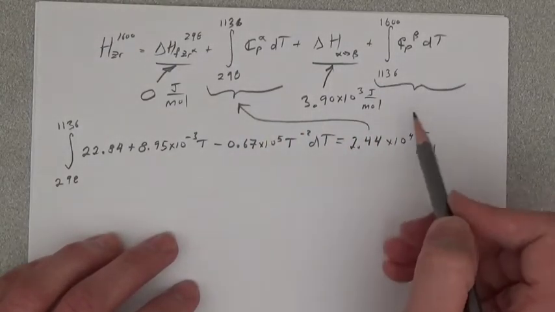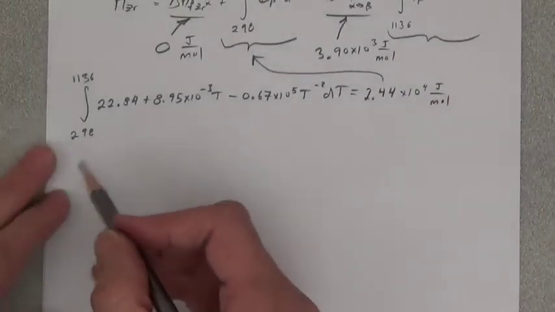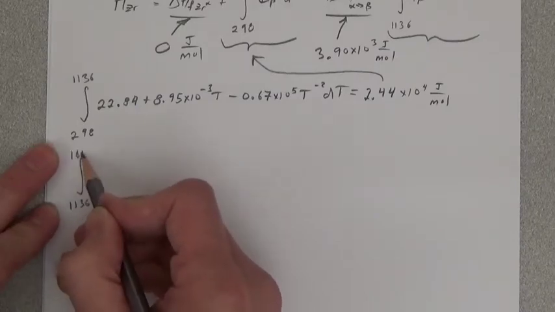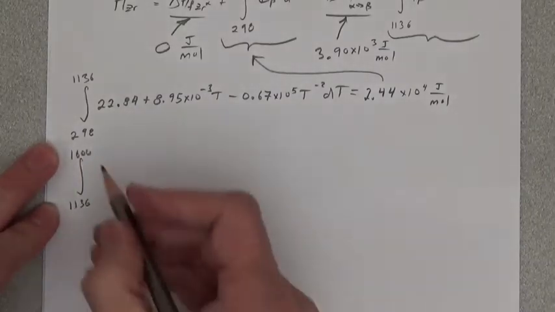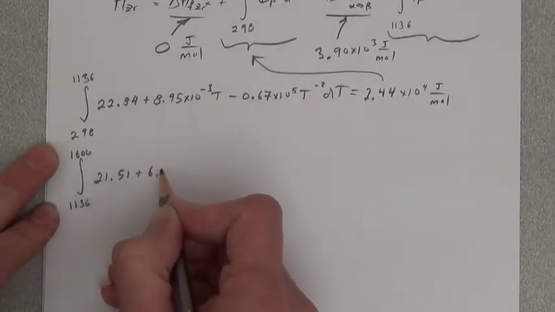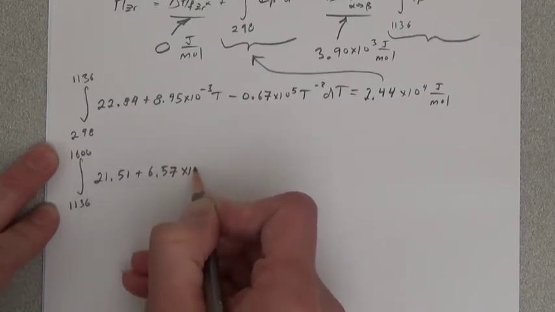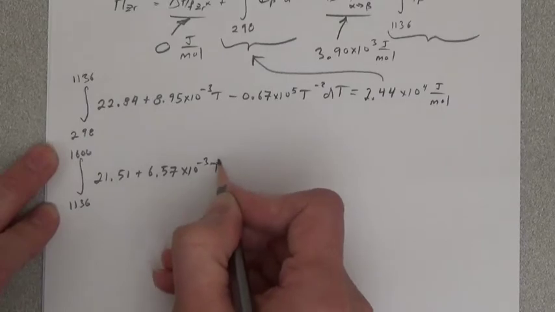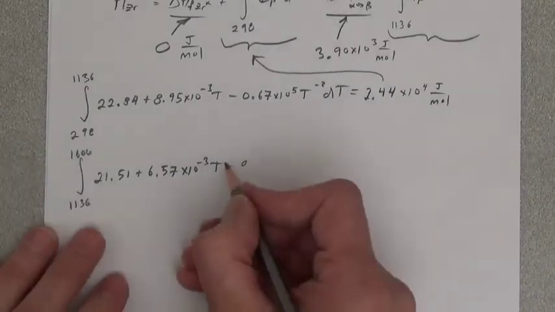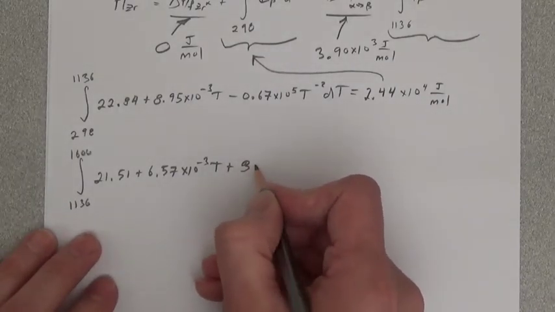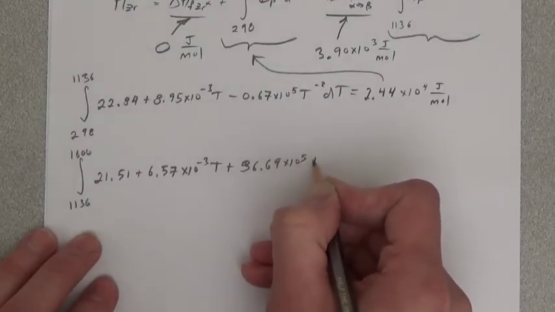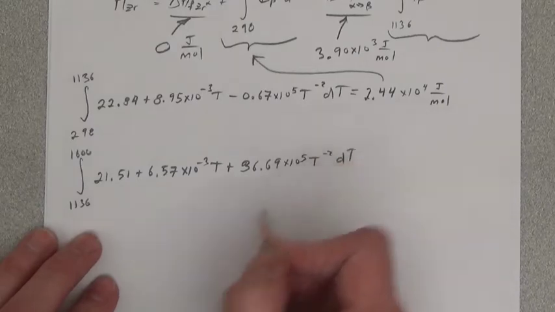And then the second integral is the integral from 1136 to 1600 of 21.51 plus 6.57 times 10 to the minus 3 T plus 36.69 times 10 to the 5 T to the minus 2 dT.